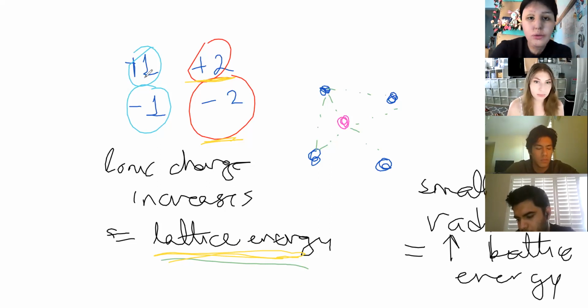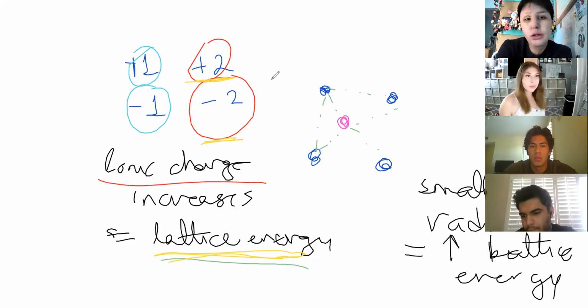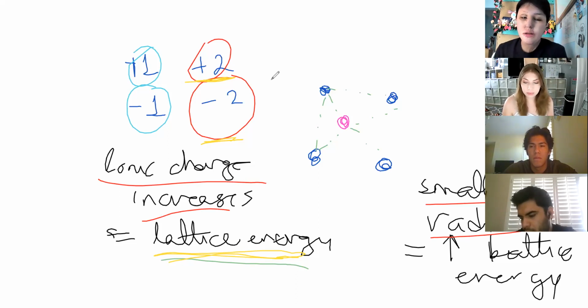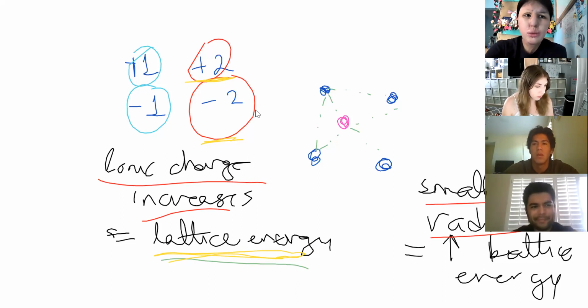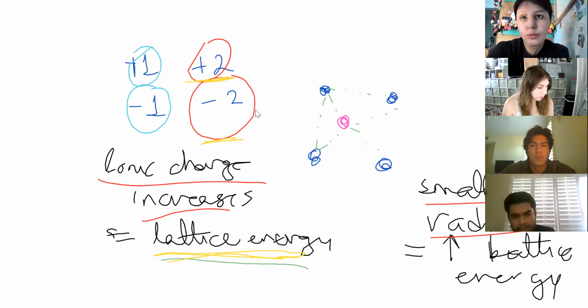So the first thing you should focus on is the charge, whether the charges are going to be bigger, and then you figure out if the ionic radius is going to be smaller, right? So let's look at, for example, that question that Sebastian brought up. I think there were five of them: sodium fluoride, cesium fluoride, sodium chloride, sodium bromide, and sodium iodide.